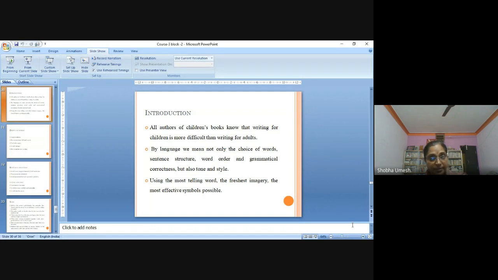So it is more feasible that we step down to the level of a child and write. When we write books for a child, it is very important to step down to that level. And also, writing for children is very difficult because we have to use the simplest of simple language.